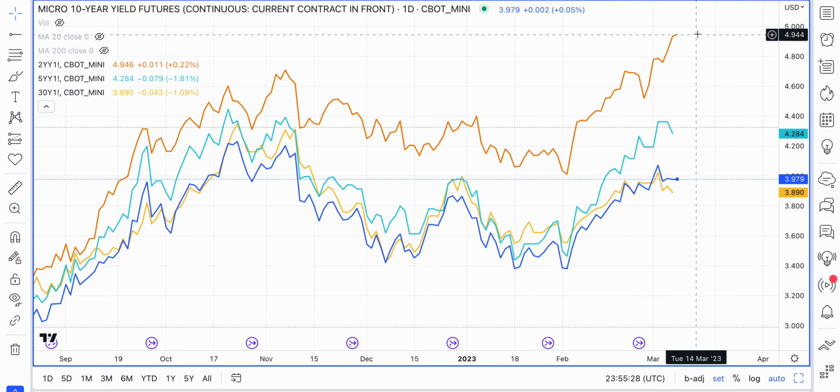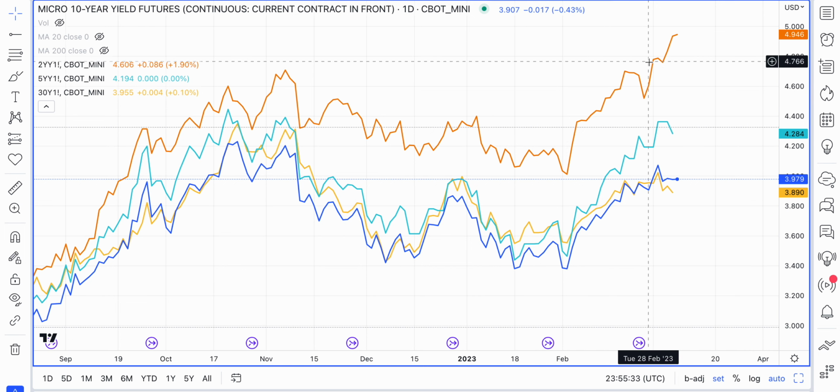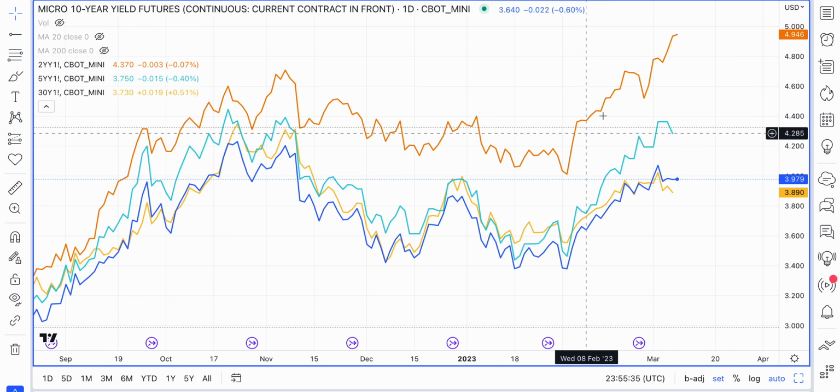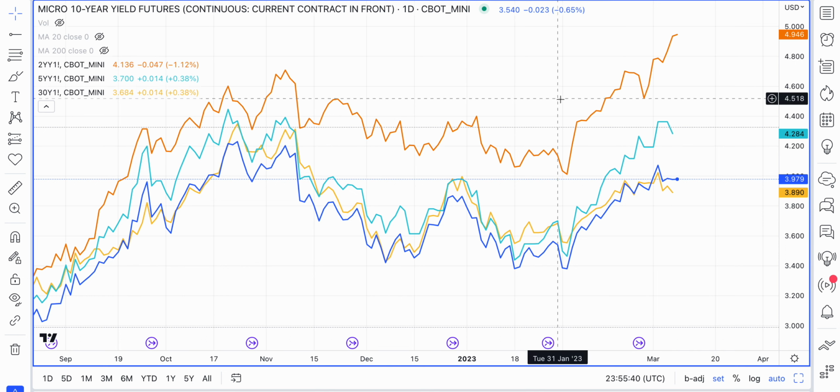That's the kind of expectation, by the looks of it, but we don't know what is likely to happen. What we need to pay attention to is how steep and quick the rise in the yields has been.